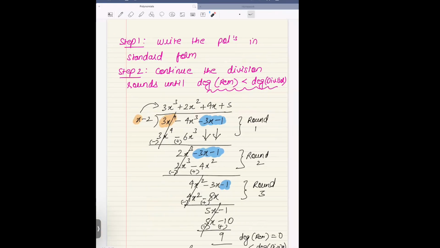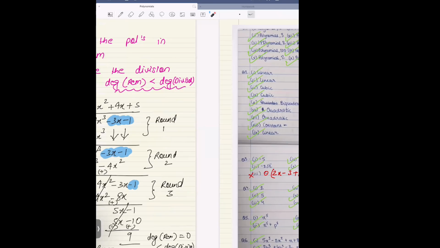Let's write. So our dividend is how much? Dividend is 3x to the power 4 minus 4x cube minus 3x minus 1. This should be equal to, let me write it, divisor into quotient plus remainder.